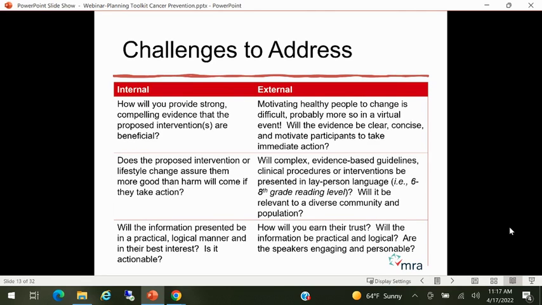But I would suggest when you're selecting speakers, know how they present, know how they work with their audience, and watch the audience's body language. That is going to tell you volumes about your speaker and how the audience is going to receive the information they share.